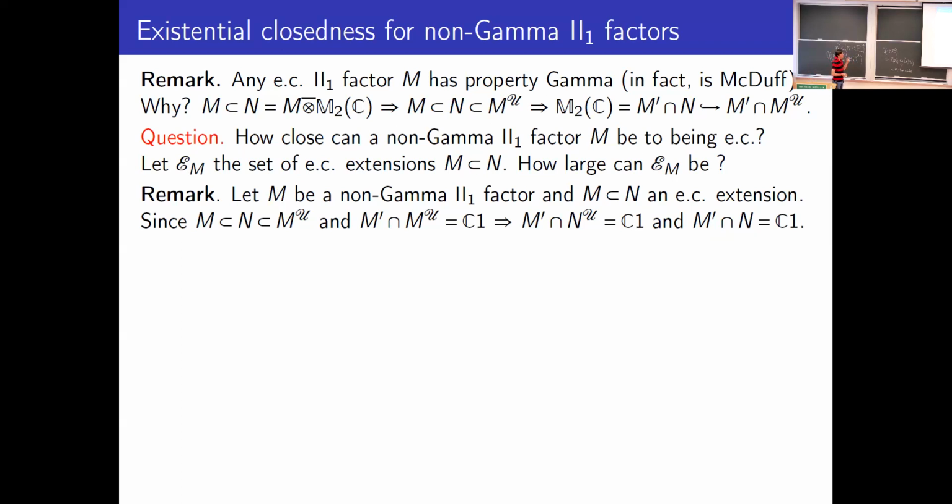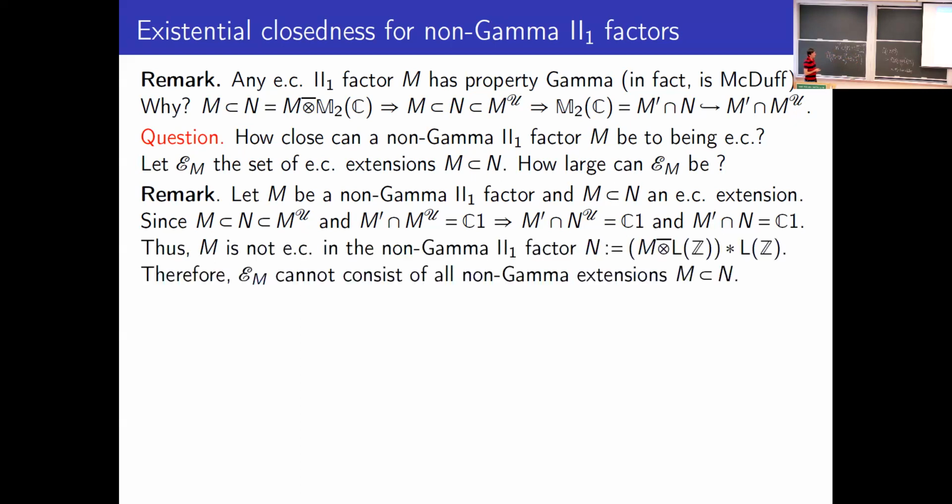And with a little bit of work, you can show that in fact the relative commutant of M inside N^U also has to be trivial. So if M doesn't have property gamma, then its relative commutant in the ultrapower of any existentially closed extension has to be trivial. In particular, the relative commutant of M inside N has to be trivial. So any existentially closed extension of a non-gamma II1 factor has to be irreducible.